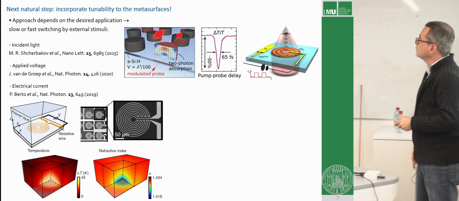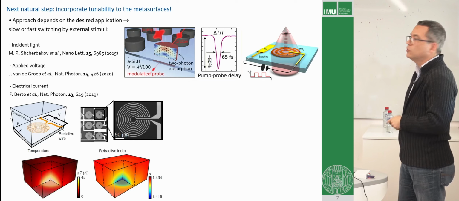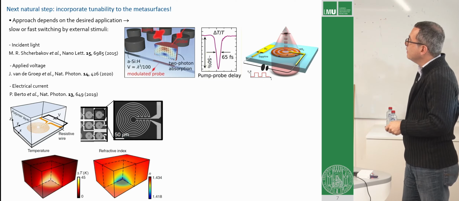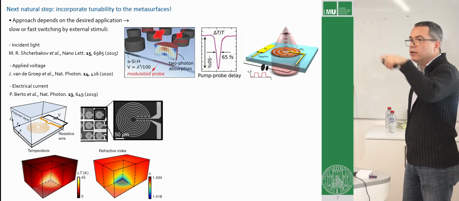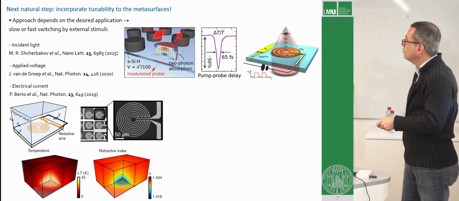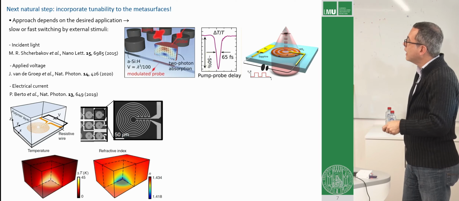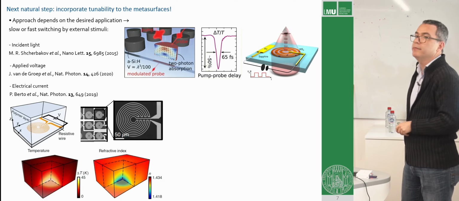You can also exploit the electric current in order to manipulate the response of a metasurface. In this case, the metasurface is simply this spiral, this is an electric path, right? So you apply a voltage and you create a current. And this metaatom is covered with a polymer.